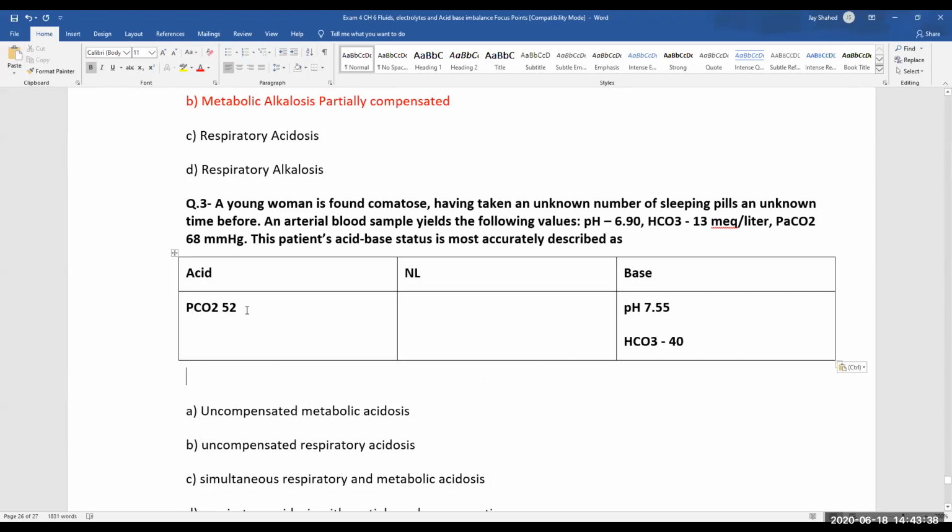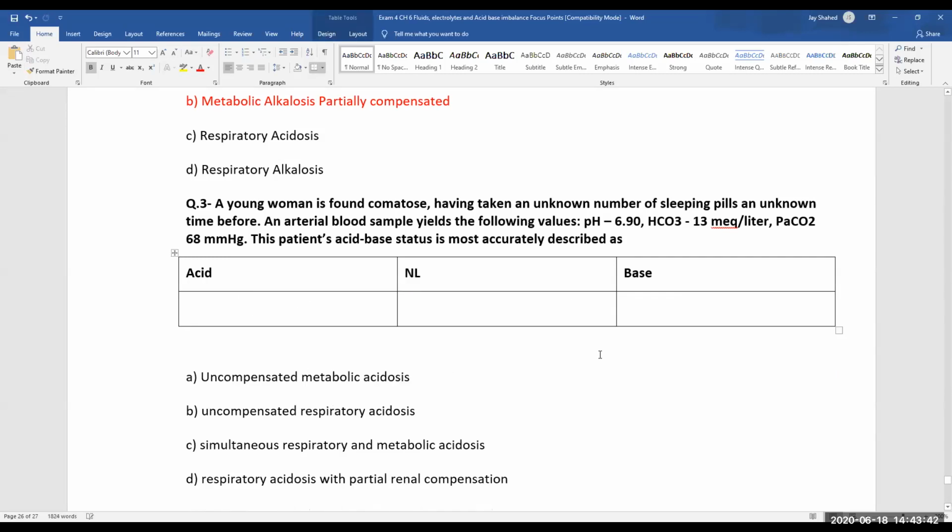This one? pH is acidic. Way acidic, huh? How about this? Aren't they all acidic? All of them are acidic.